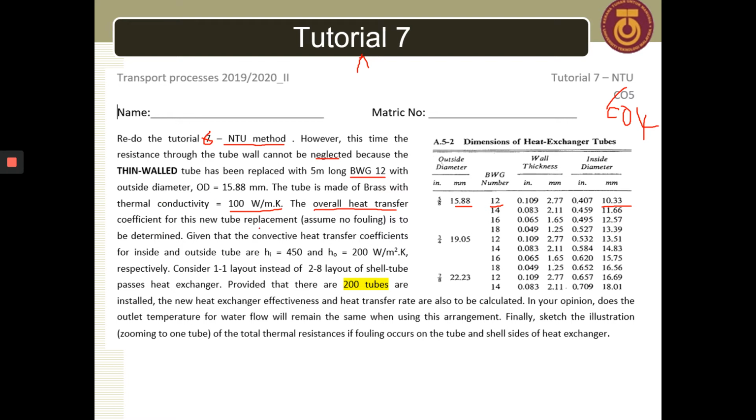Therefore, you then have a different value of overall heat transfer coefficient.